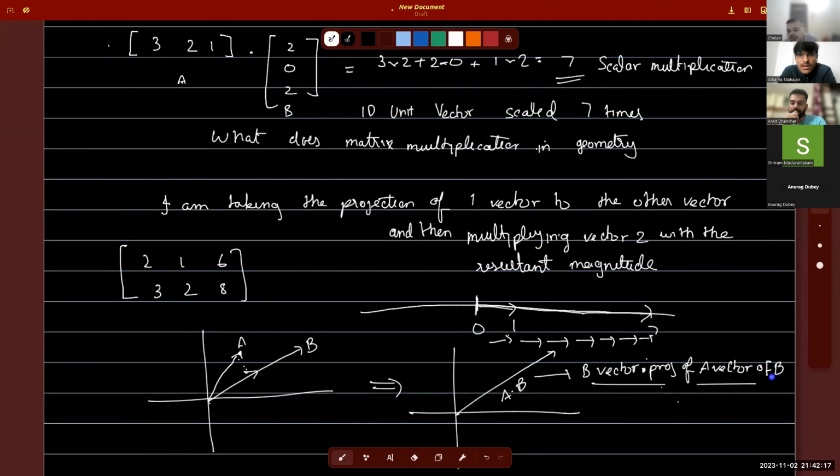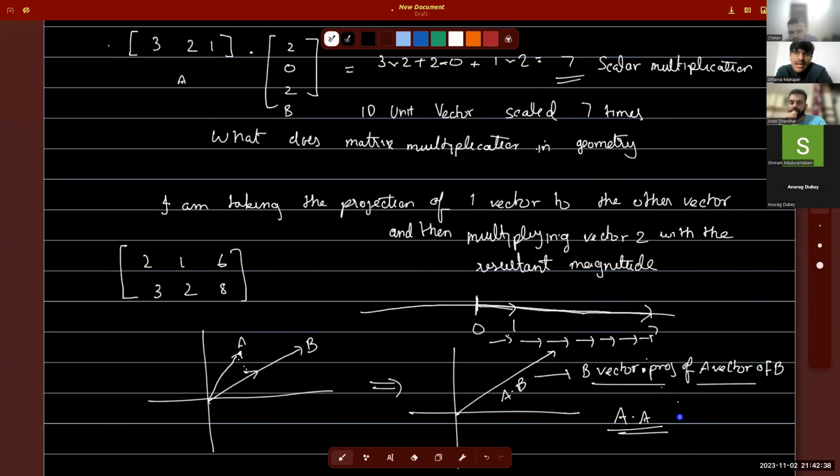So if we go by the definition, if I take the dot product of A with itself, what I'll do is take the projection of the A vector onto itself. That is, of course, going to be the same vector, right, because they lie on the same line.